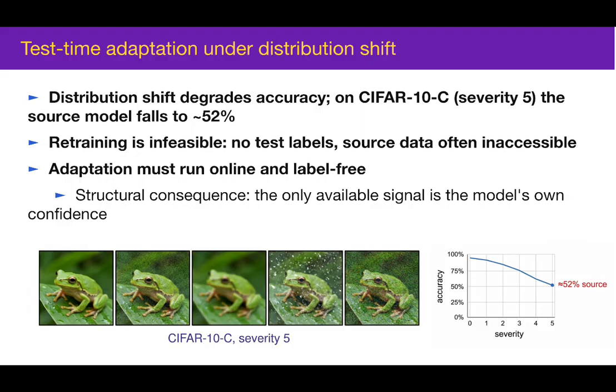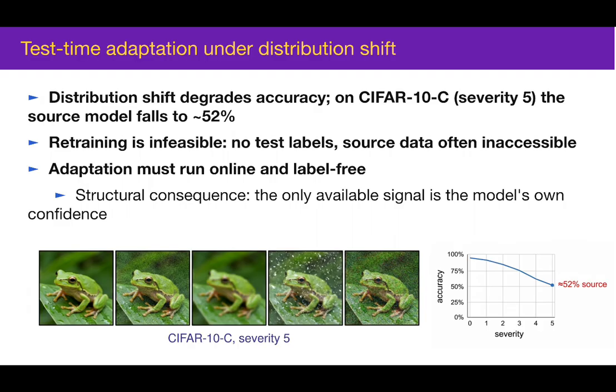Okay, so this is the main problem. When we train a model, it works great on the training data, right? But in the real world, the data can look very different. For example, the images can be blurry, noisy, or foggy, etc. This is what we call distribution shift.